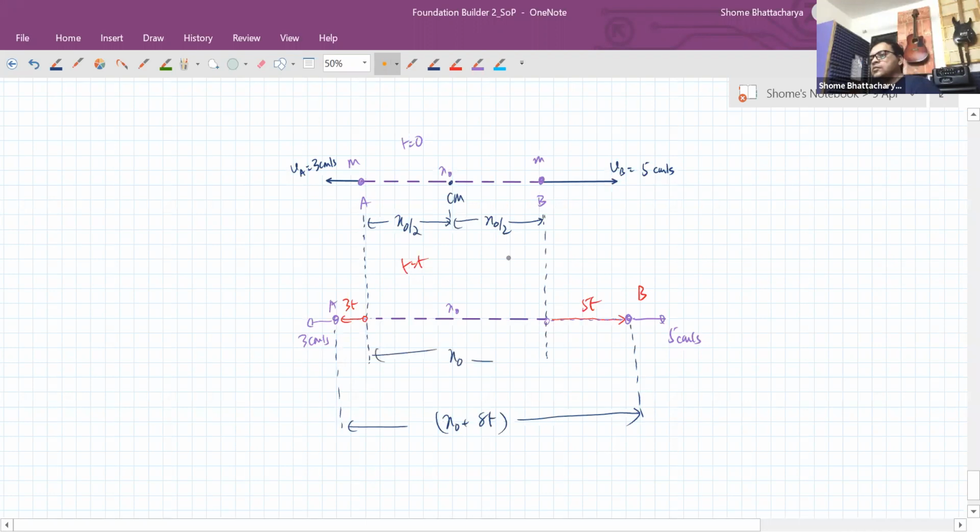So where is the center of mass now located? The center of mass is now located at some position like this, where this distance is equal to this distance.